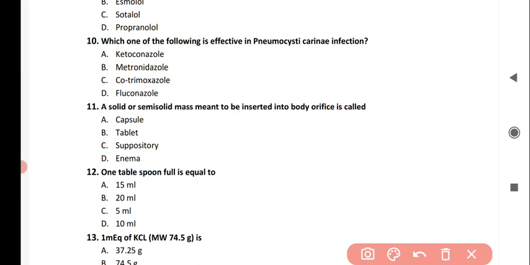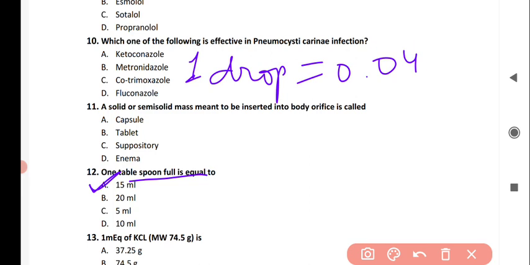The next question is, 1 tablespoonful is equal to. So 1 tablespoonful is equal to 15 ml. Option A is correct. There are more important parameters that can also be asked in the exam, like 1 drop. So 1 drop is equal to 0.04 ml.